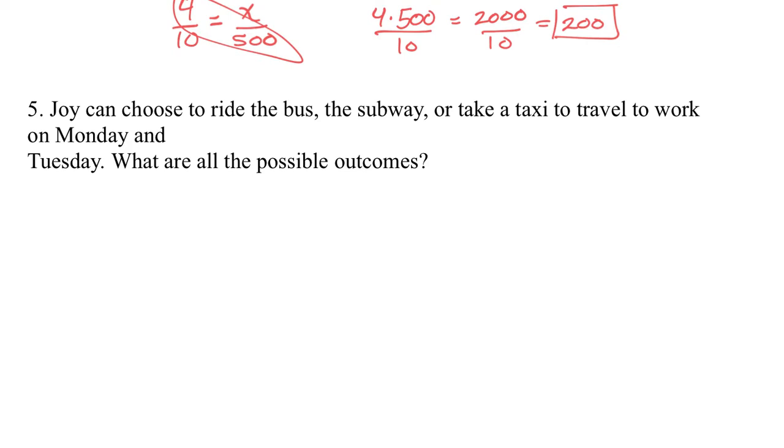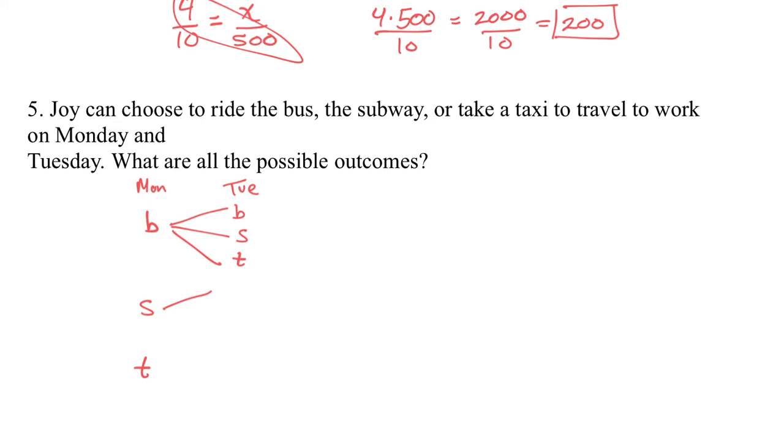And then we have Joy can choose to ride the bus, subway, or take a taxi. What are the possible outcomes? Monday and Tuesday. Let's see. She can choose the bus, the subway, or the taxi. So this would be Monday, and then Tuesday, she could take the bus, the subway, or the taxi.